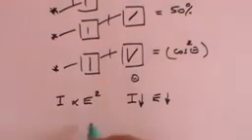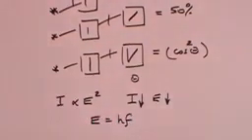And this might be taken to suggest that if the intensity falls off as the cosine squared term, if intensity goes down, that must mean that the E field goes down, and that means that the total energy goes down. Now you know that the energy of a photon is given by Planck's constant times the frequency. So that suggests that if the energy is going down, since h is a constant, the frequency must be going down, and that suggests that the light will change colour.